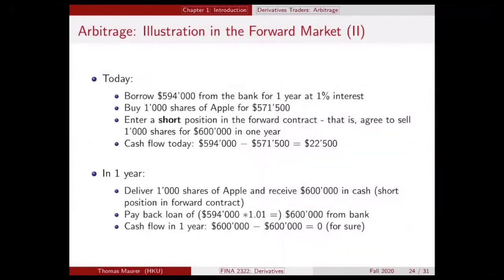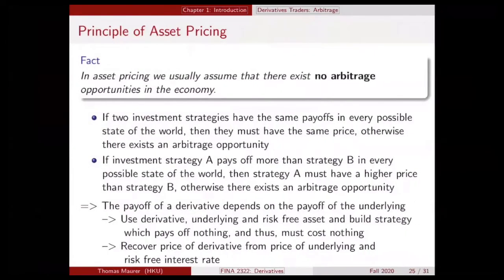Here, we took positions in Apple shares, in the forward contract, and in the risk-free asset, such that there is for sure no payoff in the future. Now, here there is an arbitrage, that's why we had a payoff today. But if there was no arbitrage, that strategy of combining the three things together should have a zero price or a zero cost.